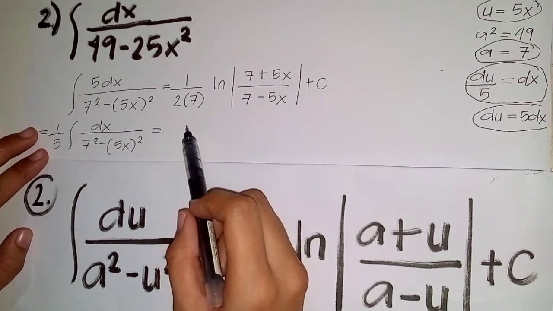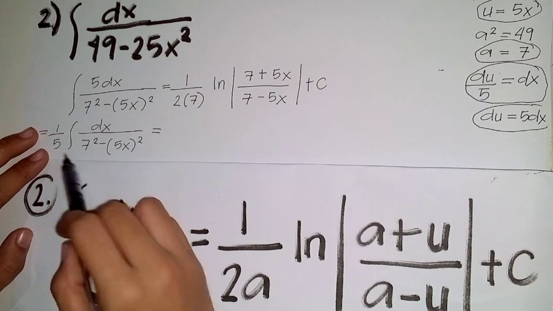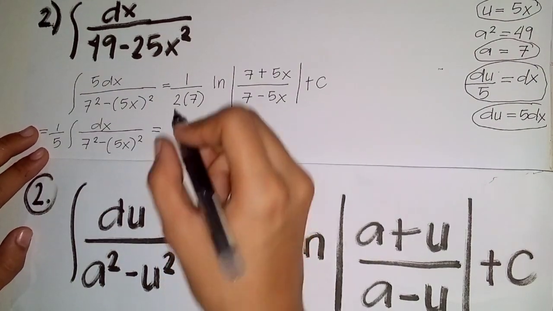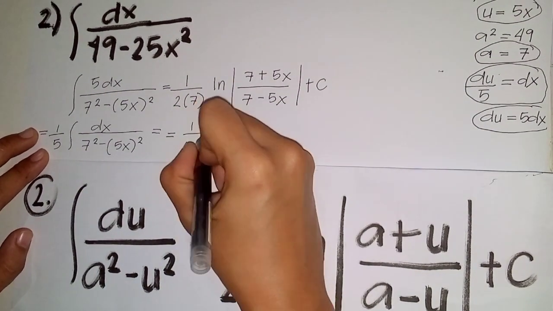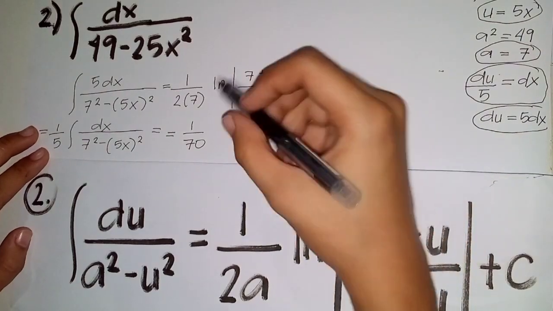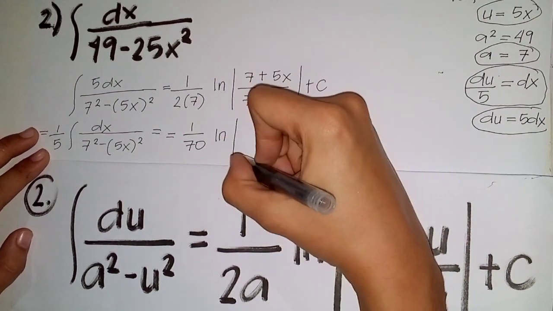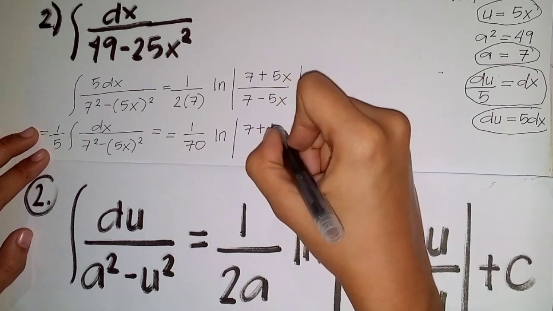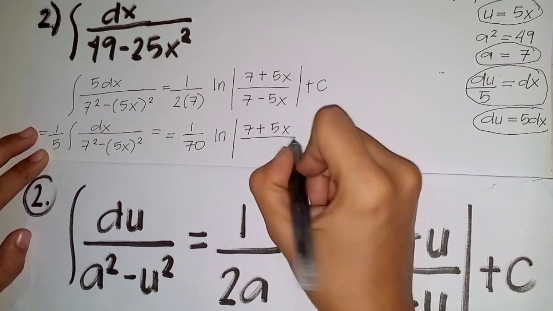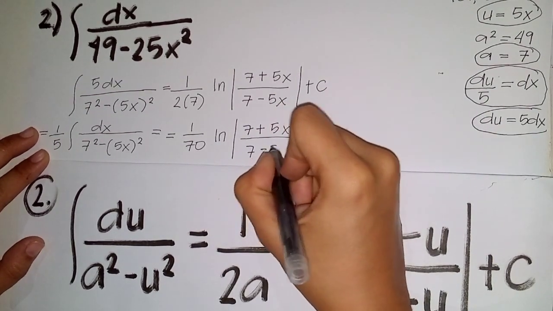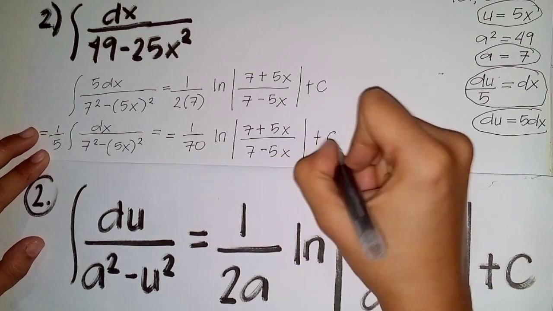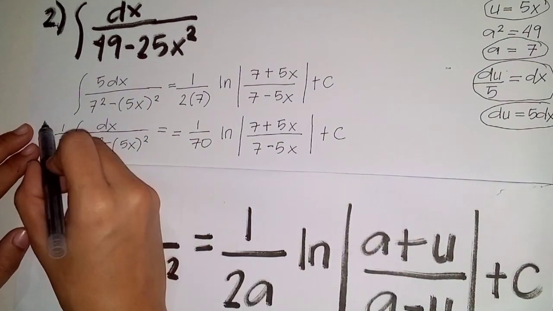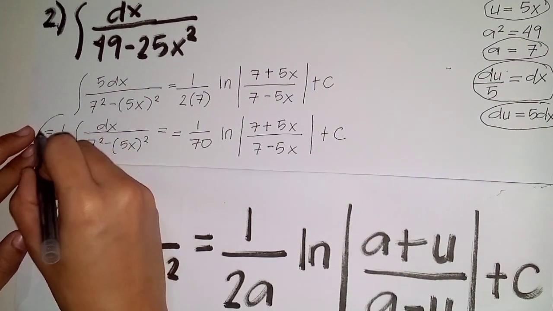And then 1 over 14 times 1/5 is equal to 1 over 70. And then copy ln. We cannot simplify this now, so we're going to just copy x plus c. So the answer is here.